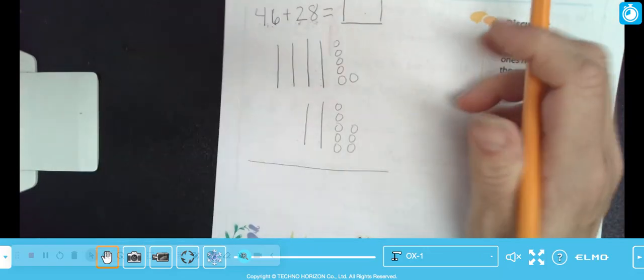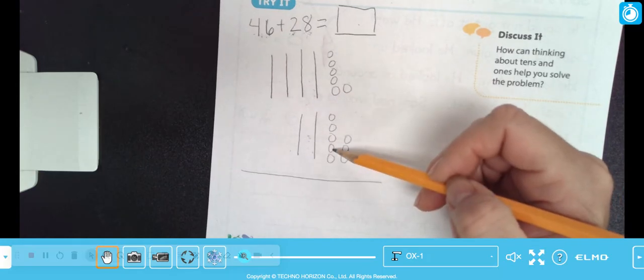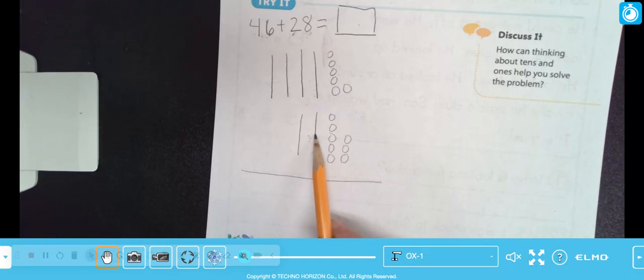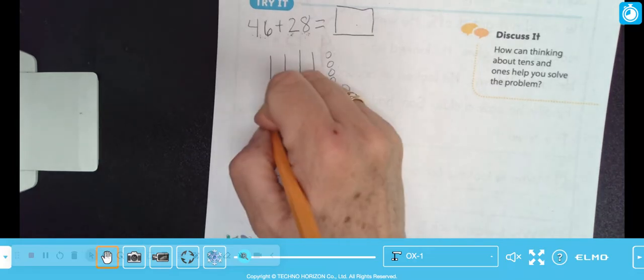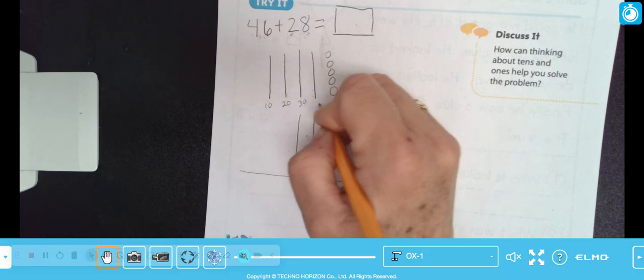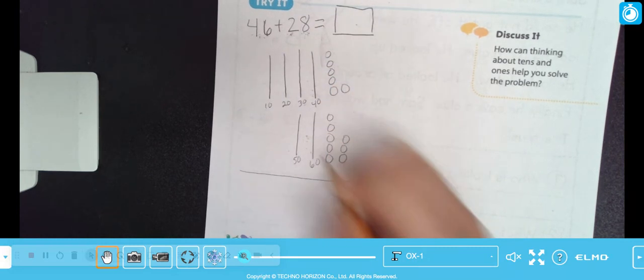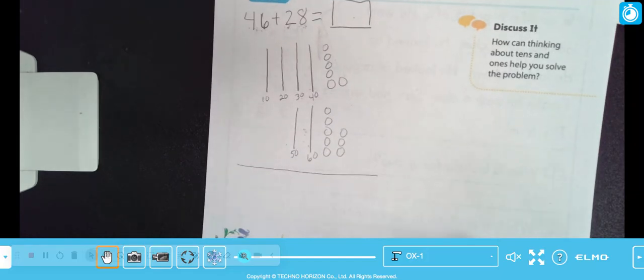Okay, so now let's count the tens first, and then we'll count the ones. So 1, 2, 3, 4, 5, 6. How much is 6 tens? You could do it like this: 10, 20, 30, 40, 50, 60. So how much is 6 tens? Yeah, it's 60, right?